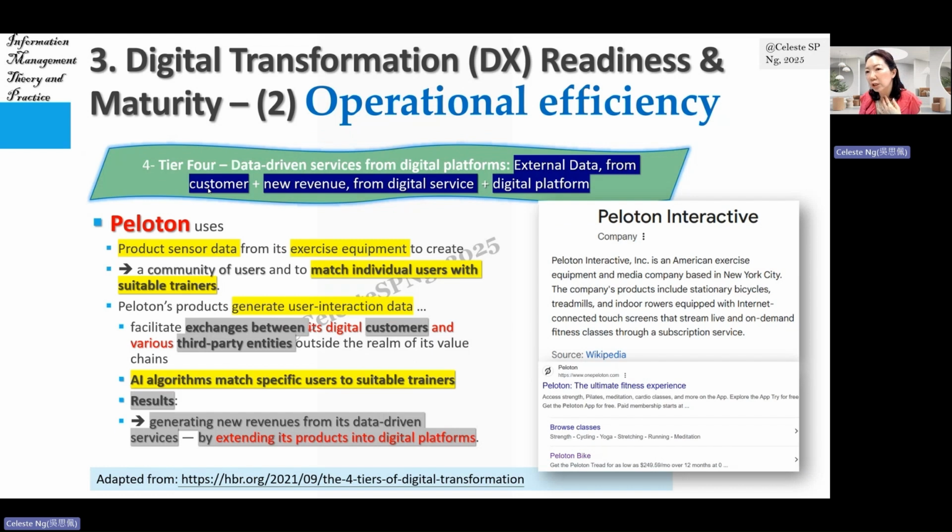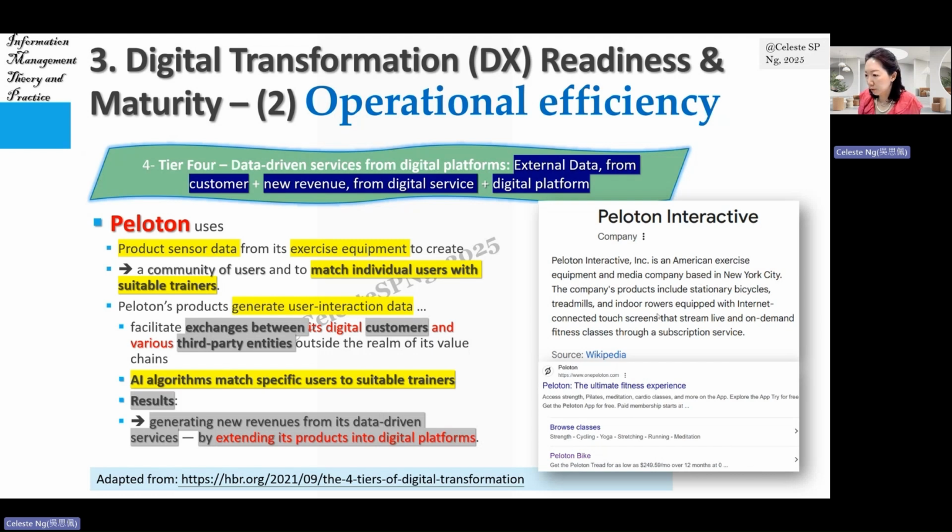For the fourth tier, what we can expect is that besides an organization being able to get external data from a customer and being able to generate new revenue from its digital service, plus building a digital platform. And this scenario can be seen in the case of Peloton. Peloton is actually an American exercise equipment and media company.